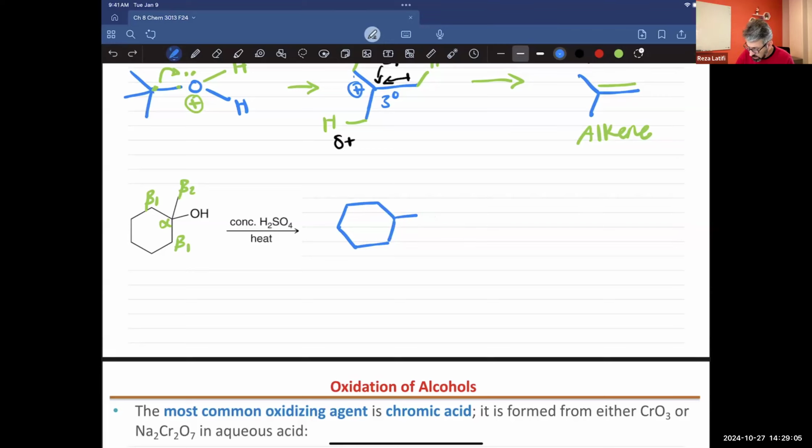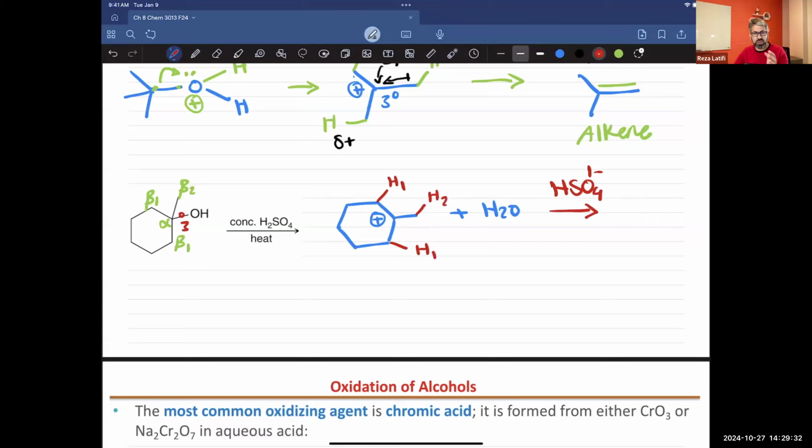I get this one here, a carbocation, and because this is a tertiary carbon, it can easily handle the positive charge. Next step, our base can take hydrogen from here, this one, or that. Let's call this one beta 1, and that one beta 2.